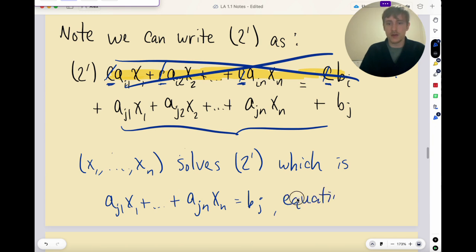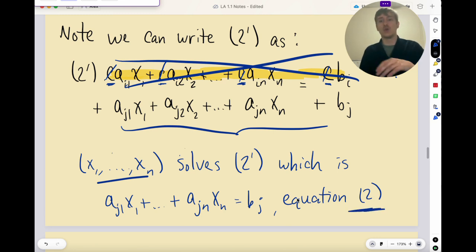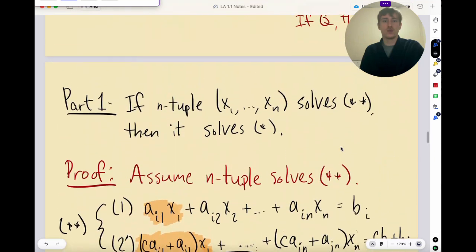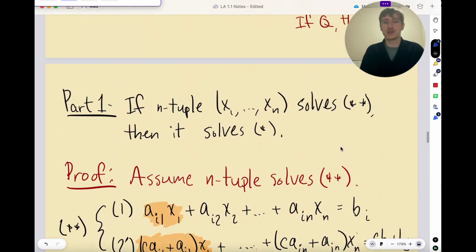So we showed that if this solves 2 prime, which is a part of the double star system of equations, then it has to also solve 2, which is a part of the star system of equations. So thus, we've shown that if x1 through xn solves double star, then it solves star.